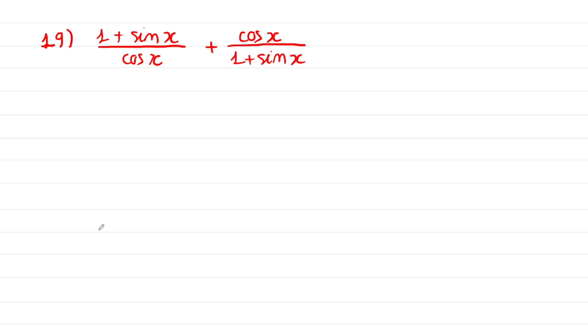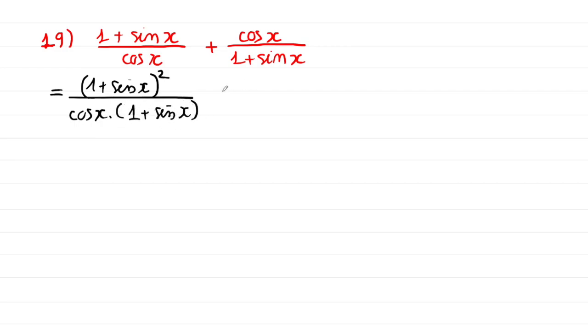This question is not easy anymore. This question is so long. This side and this term have different denominators, so I want to change them to a common denominator. I will multiply this with 1 plus sine, and the denominator and numerator also become like this.